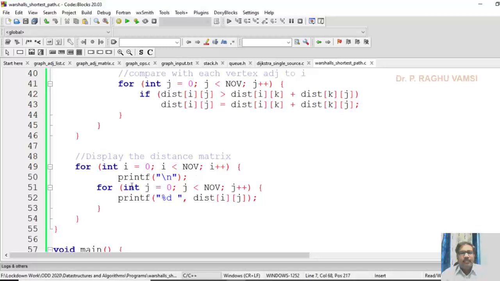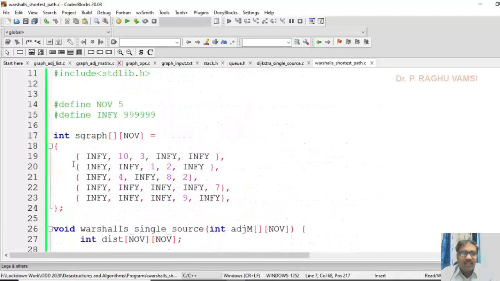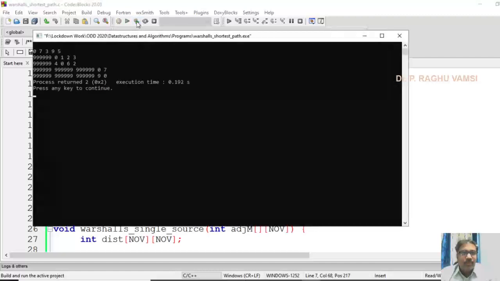Then finally display the matrix, which prints the matrix with the shortest distances. In the main method, I have called the function Warshall underscore single source with the static graph, which I mentioned at the time of declaration. Now let us run the program and see the output.